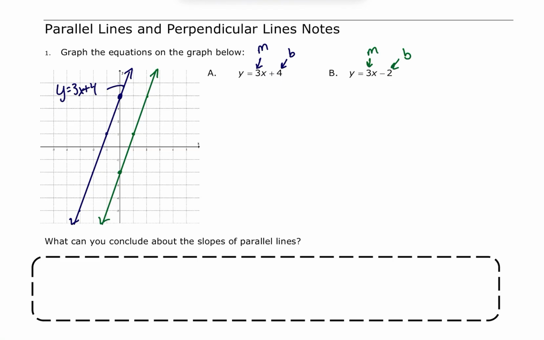So what do you notice about our lines? You might notice that they don't touch. They're not going to cross. They are parallel lines. And what do you notice about the slope? Well, the slope of our first graph is 3, and the slope of our second one is 3.